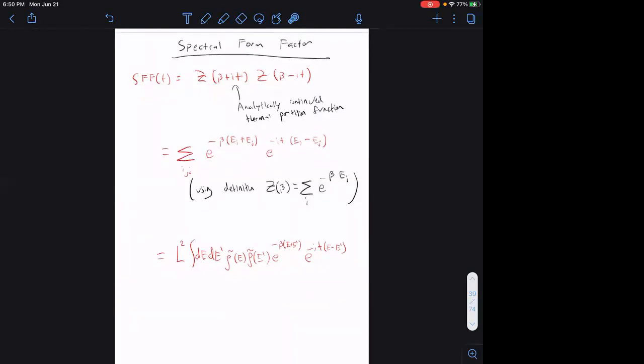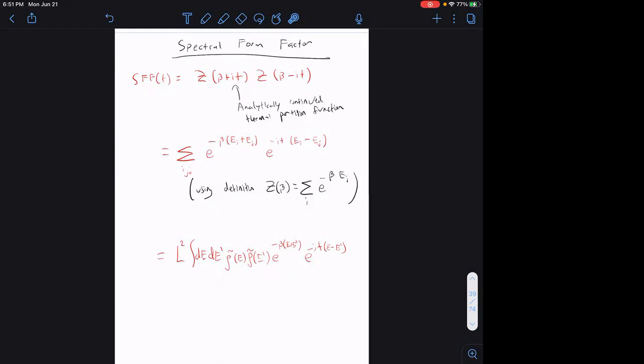The spectral form factor: you take the thermal partition function Z of beta, continue to beta plus it, and then take the modulus squared. If I write out the partition function as a sum over energy eigenvalues, I have a sum over pairs of energies, E_i and E_j. I have this Boltzmann weight piece, and then a sum of these phases, where the phase is t times the energy difference.